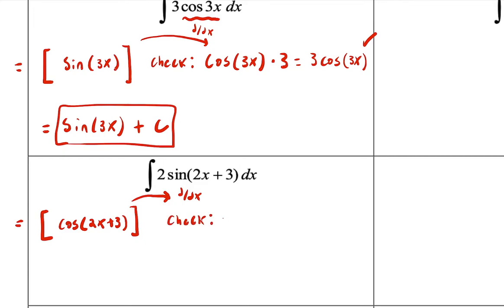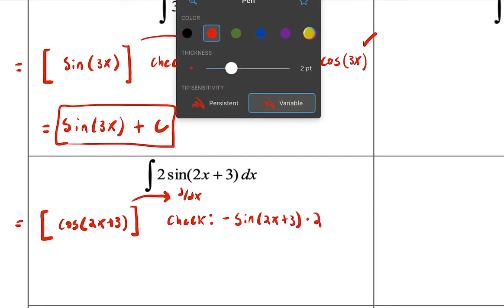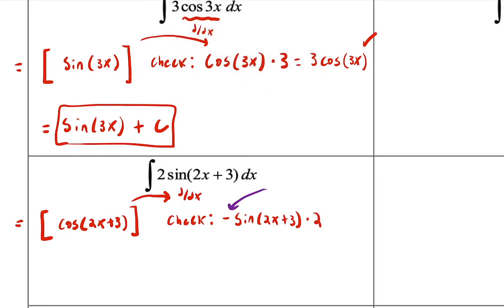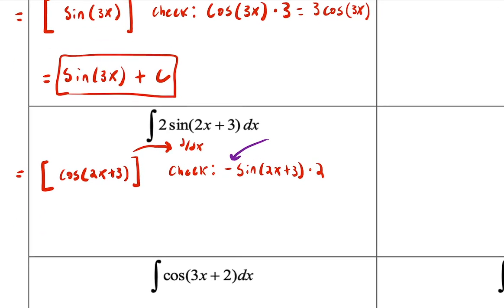This would be negative the sine of 2x plus 3 times 2. Okay, so I'm missing this negative sign. So for my final answer, it's going to be negative the cosine of 2x plus 3 plus c.